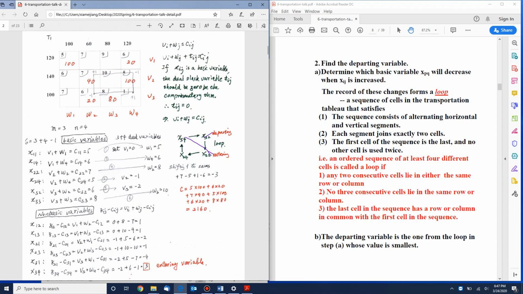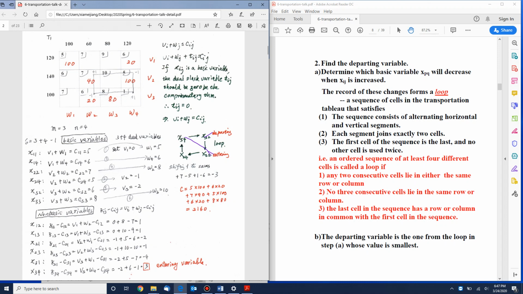Okay, to summarize: if you choose the departing variable, you just collect those cells with -1 there, and then compare the amounts you can reduce. The cell with the smallest amount should be the departing variable. So in this way x3 2 is the departing variable.